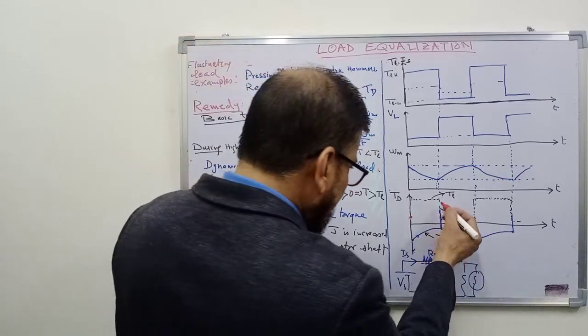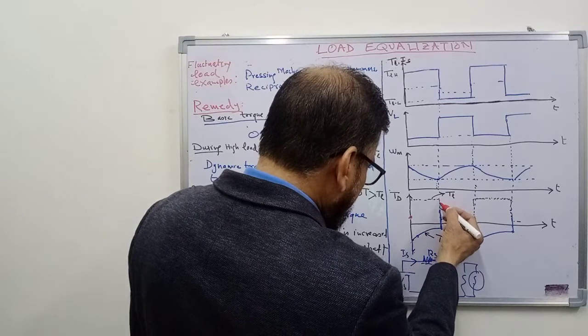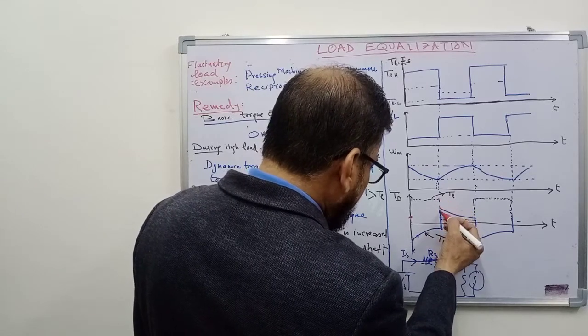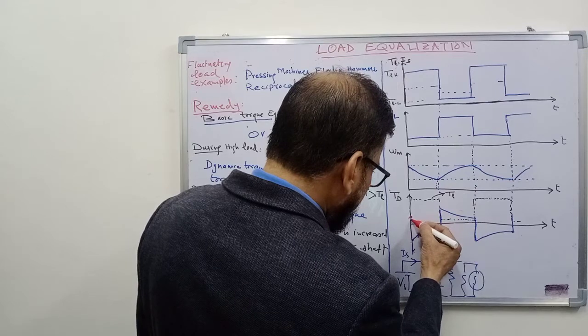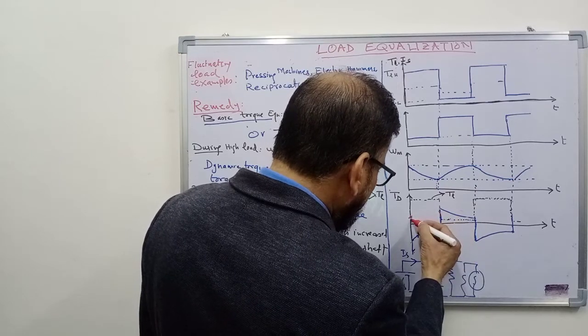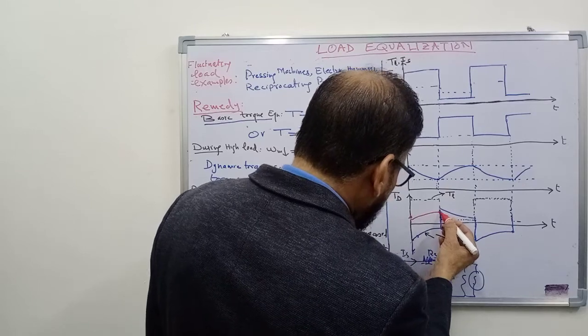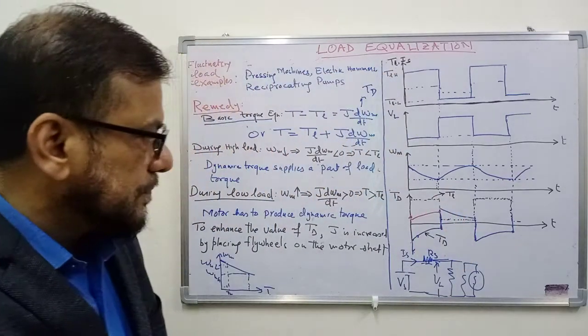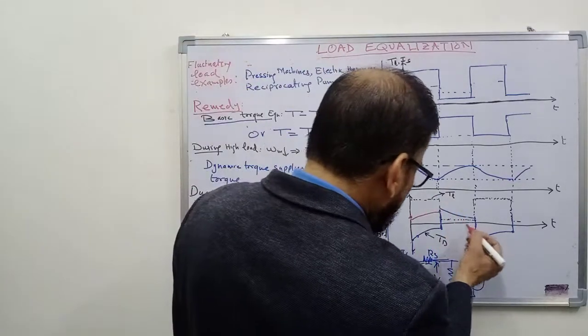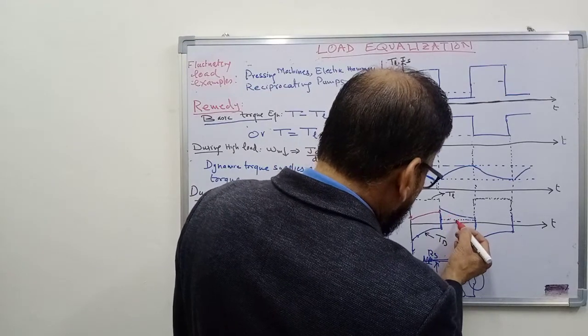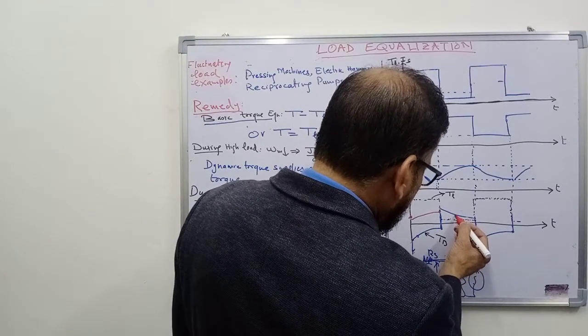Similarly, at this interval of time, this TL minus this TD, its small value here like this. So you can say that during this interval, the motor has to produce a torque like this. And again, you can see from here, TL plus TD.